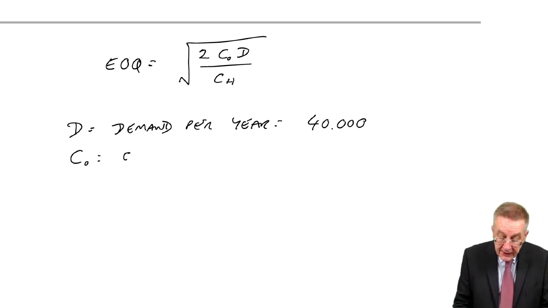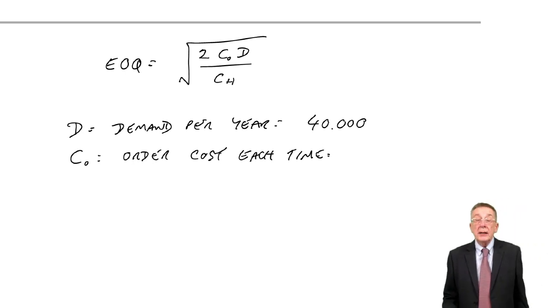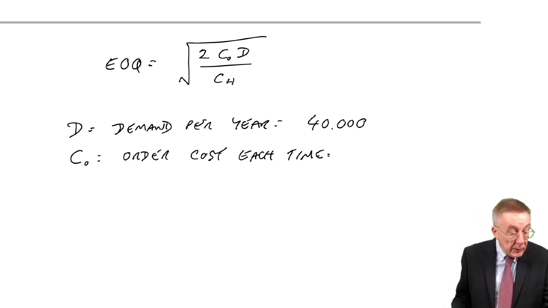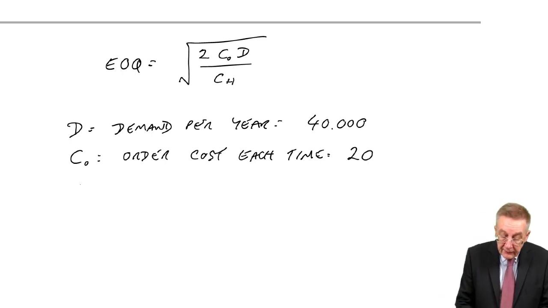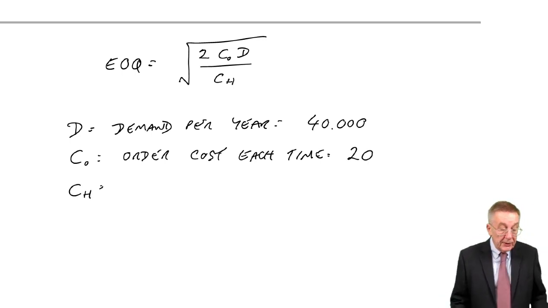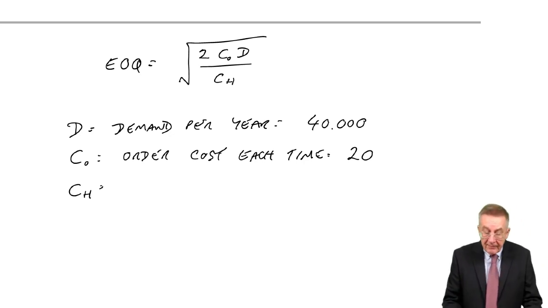C0 is the order cost each time. And again, if you look back at example 1, the order cost each time was $20. And finally, CH. Now, different people word this differently, but it always means the same.